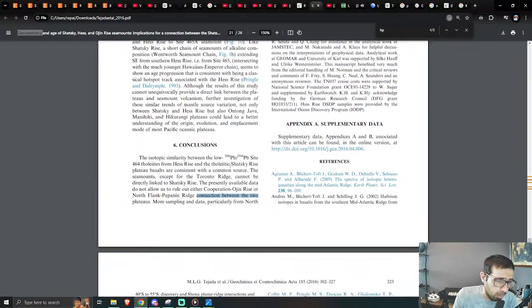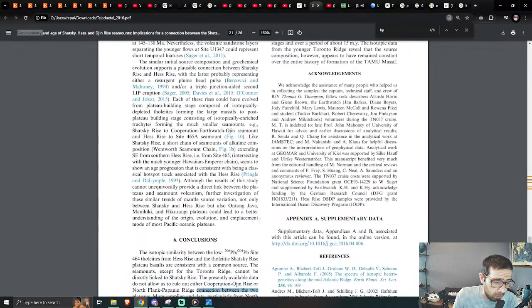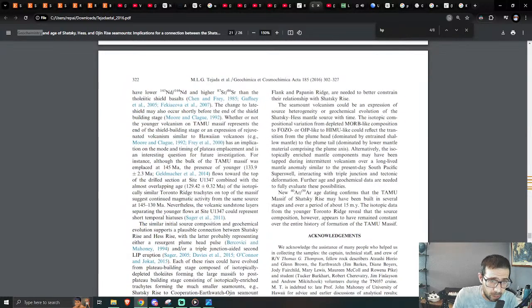We'll be cautious. More sampling and data, particularly from North Flank and Papanin Ridge, are needed to better constrain the relationship with Shatsky Rise. The seamount volcanism could be an expression of source heterogeneity or geochemical evolution of the Shatsky-Hess mantle source with time. The isotopic compositional variation from depleted mantle something. What does that mean again?